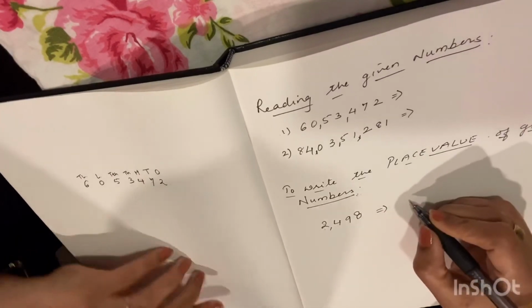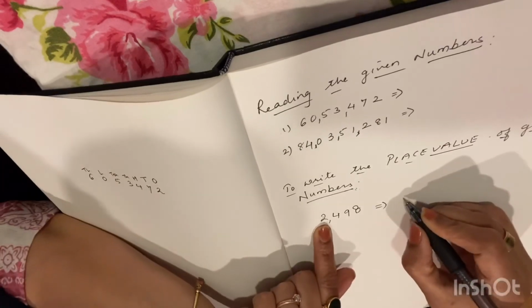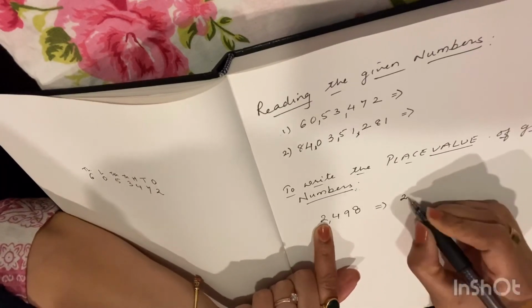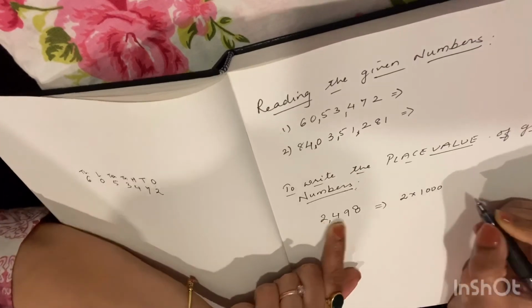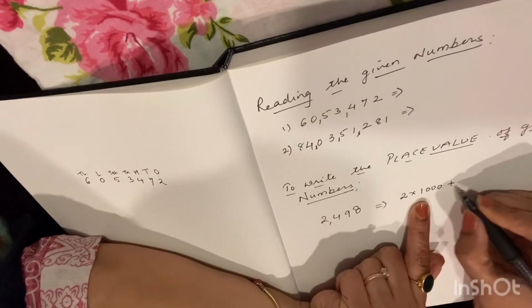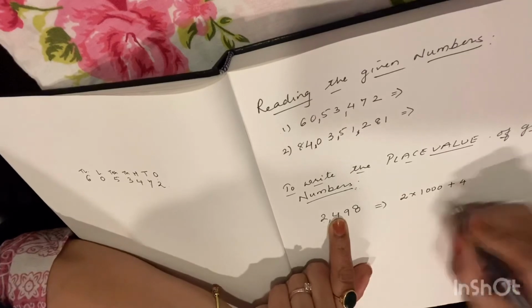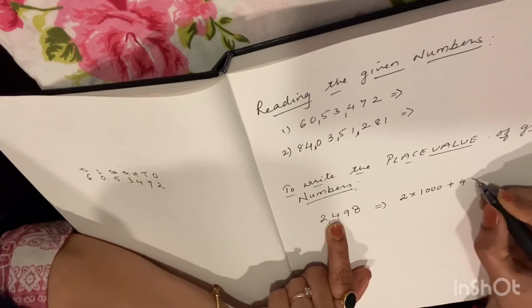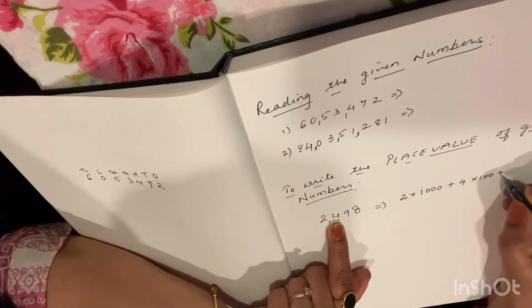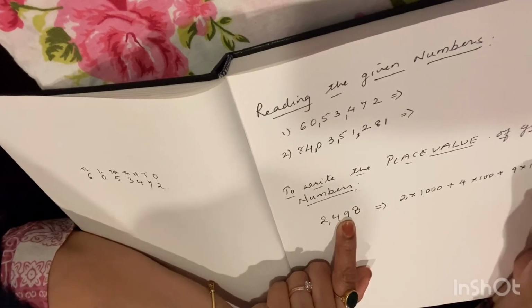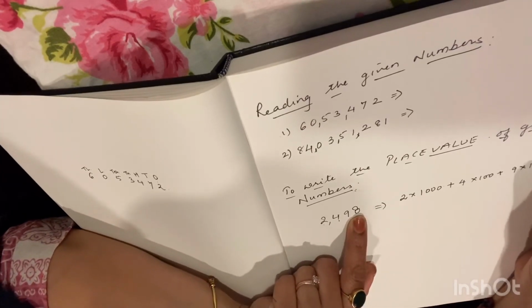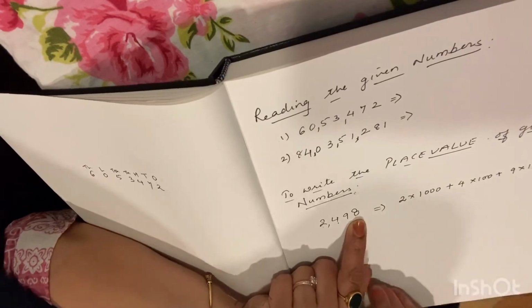So what we will do, we have to start with this first digit because it is 1000. So 2 into its place is 1000. So 2 multiplied by 1000, then plus 4, this 4 is in the 100 place, so 4 into 100, plus 9, this is at the tens place, so tens place means multiplied by 10, and 8 is at ones place, so multiplied by 1.